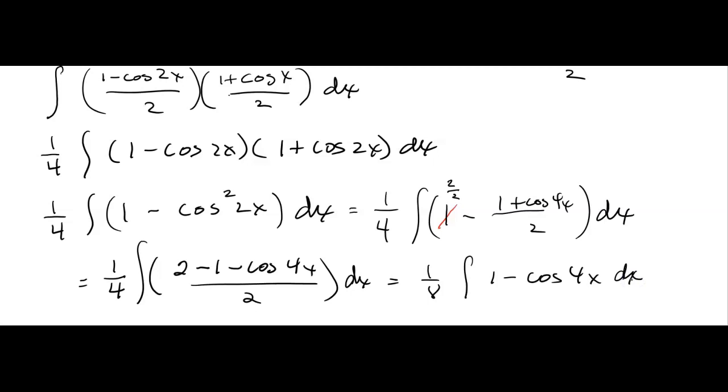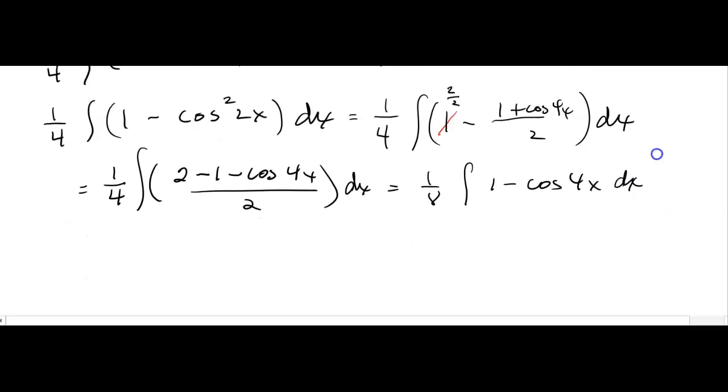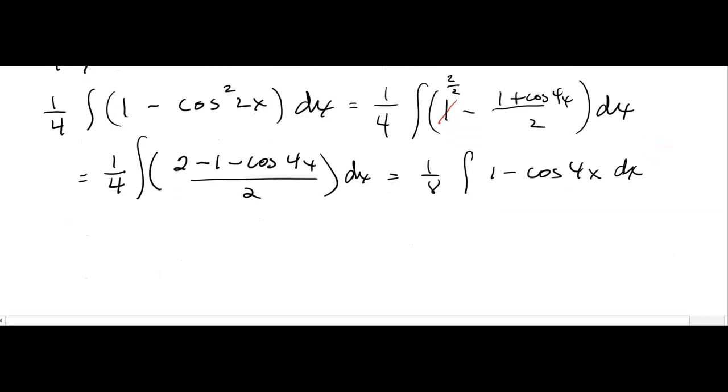Here's the thing, why we need power reducing. Once you get it down to a trig integral of sine or cosine that is no longer being squared or cubed or anything else, you can take the integral. All right, so we have our eighth, and then we take the integral, we end up with x.